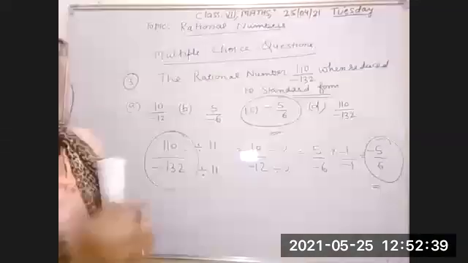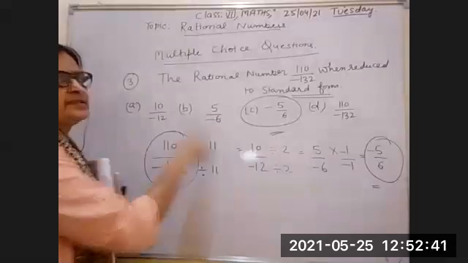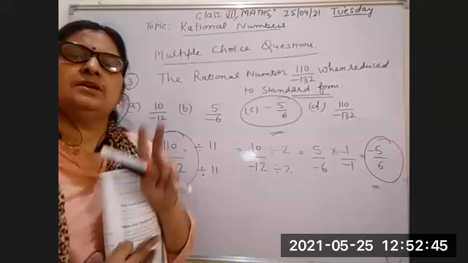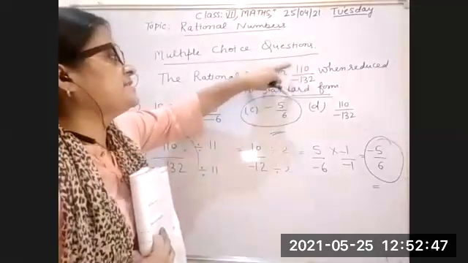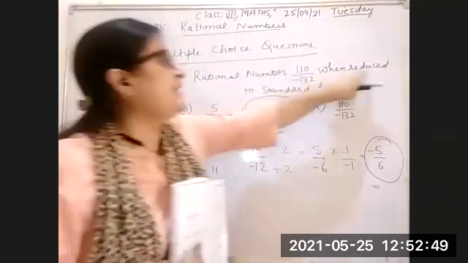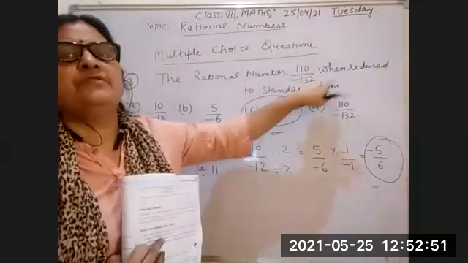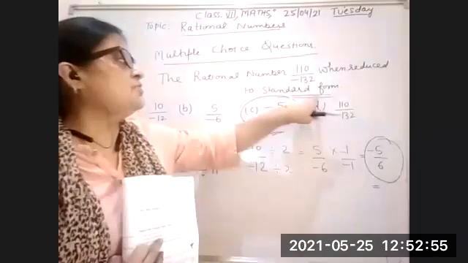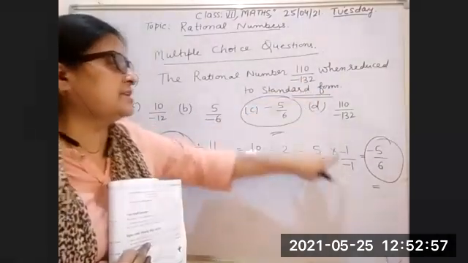But some students write 5 upon minus 6. This is not correct because in this question, two things are asked: reduced form and standard form. First, you have to convert it into the reduced form. Then you have to convert it into the standard form also.